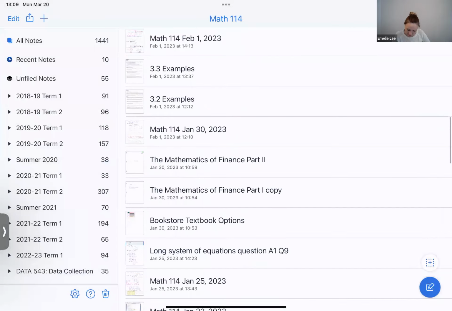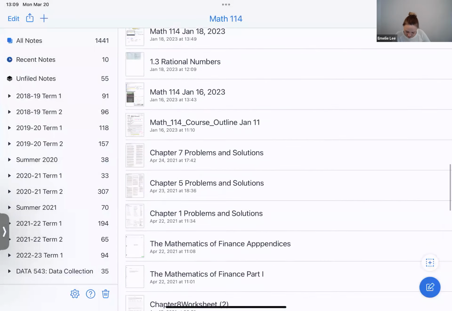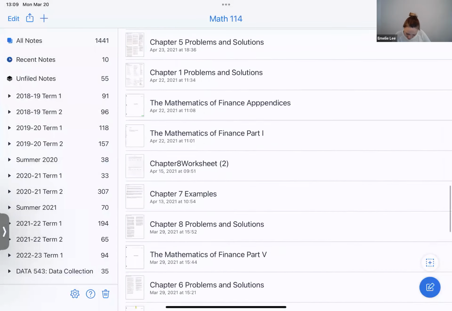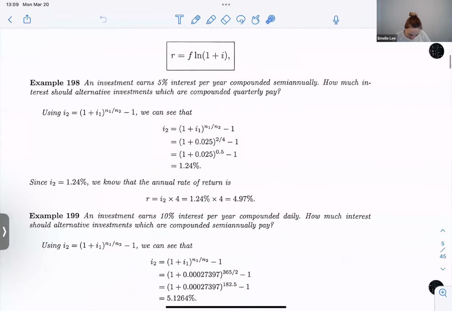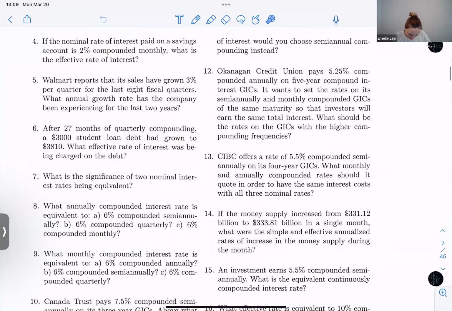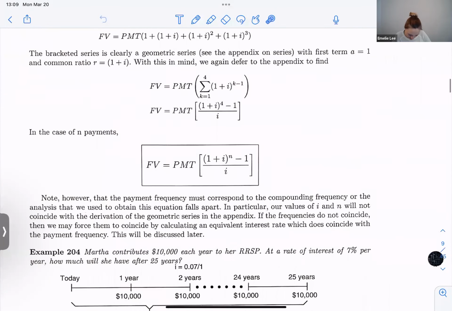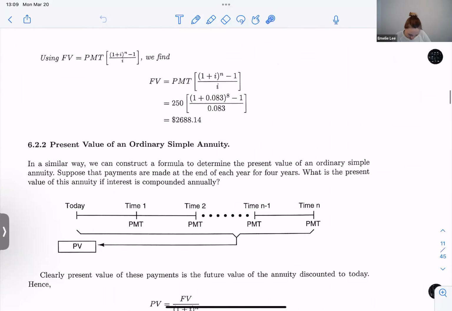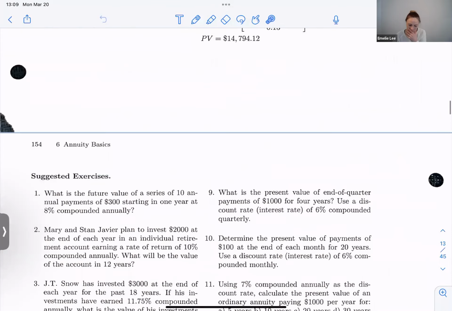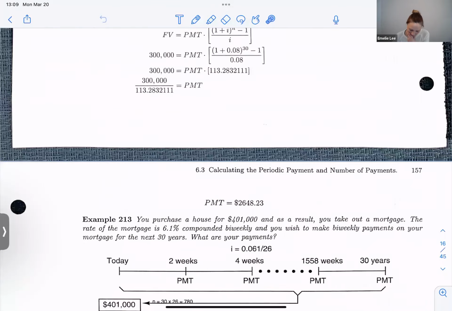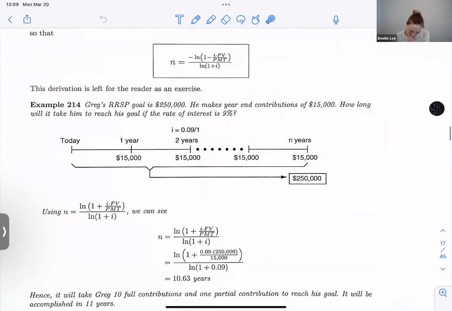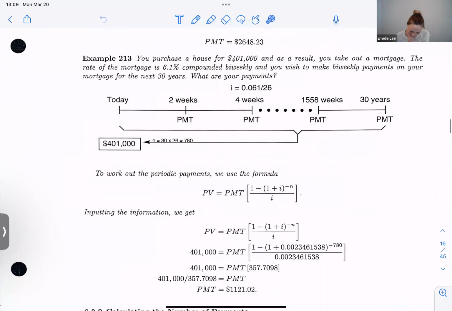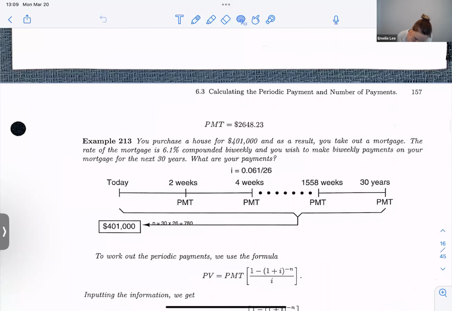So I'm looking for example 213. Let me just find it. There's Martha. Okay, here it is.